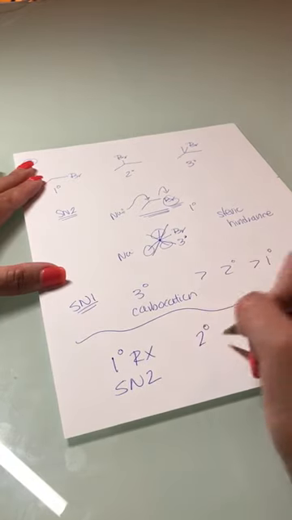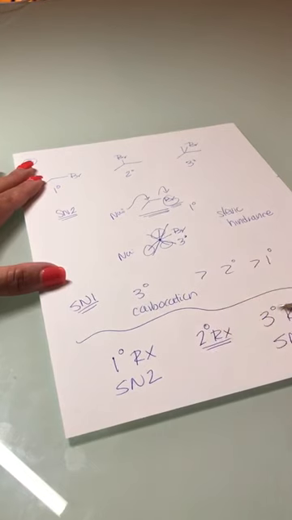When you have a secondary haloalkane, you have to consider other factors to see if the reaction will be SN1 or SN2, the nucleophilic substitution reaction.